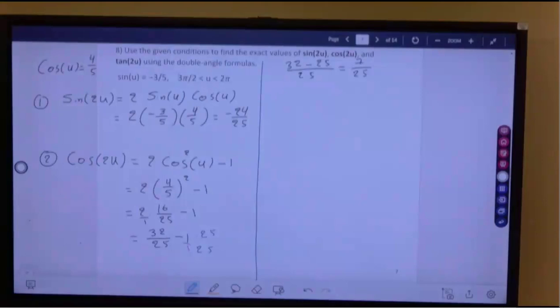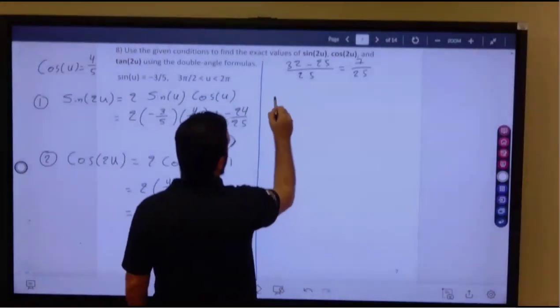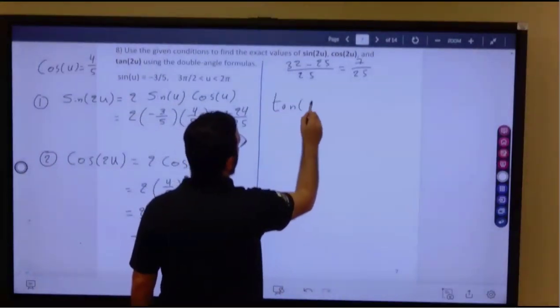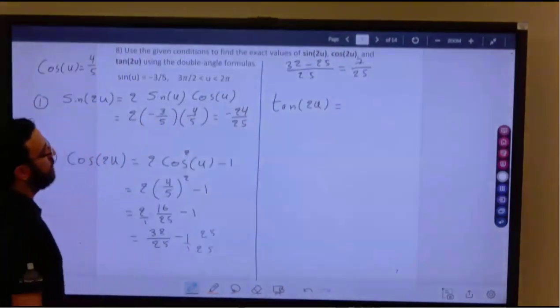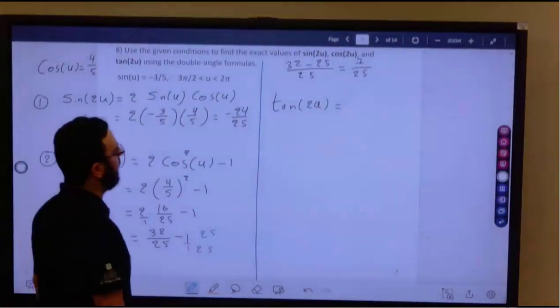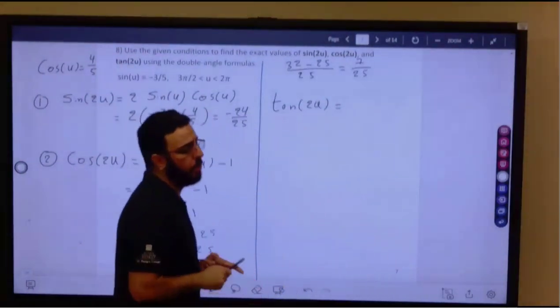And the same thing with the tangent. With the tangent, you can use the formula for the double angle, or you can say, okay, tangent equals sine over cosine. I have the sine, I have the cosine. So you have two options.